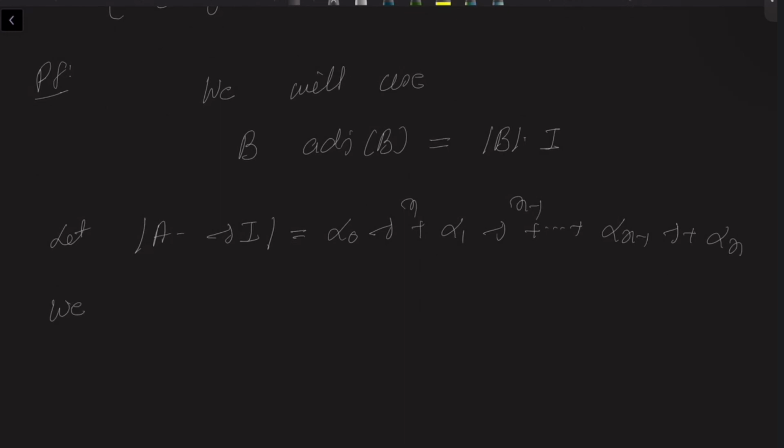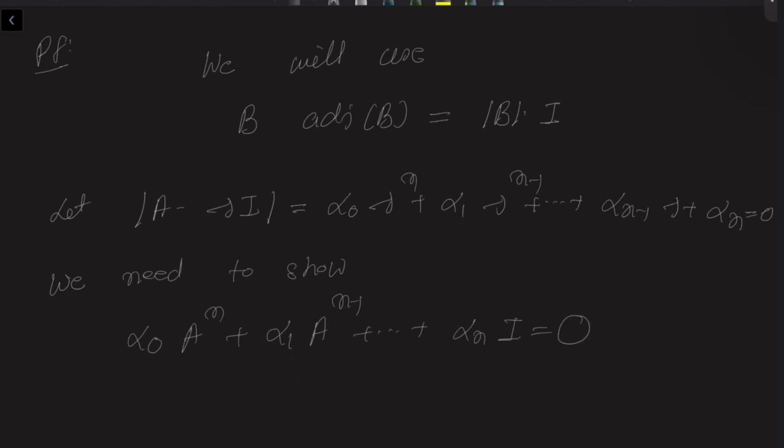So what we need to show is that the matrix satisfies its characteristic polynomial. That is, if we replace lambda by A, then it will also satisfy. That is, we need to show that alpha naught times A to the n, plus alpha 1 times A to the n minus 1, up to alpha n times I is the 0 matrix.